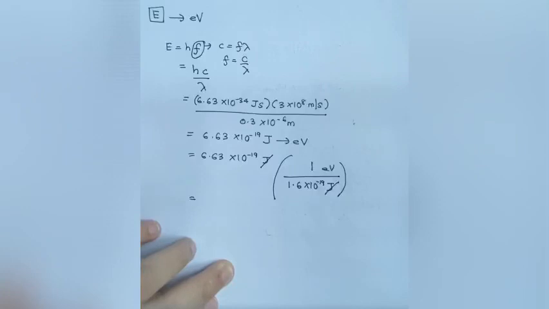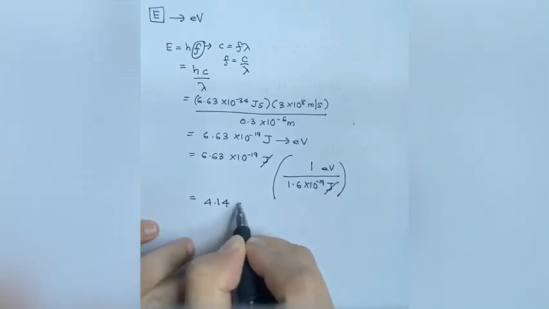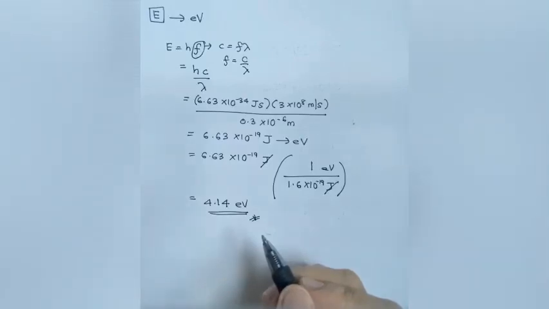So it becomes 6.63 times 10 to the power of negative 19 divided by 1.6 times 10 to the power of negative 19, which is 4.14 electron volt. So that is question A.